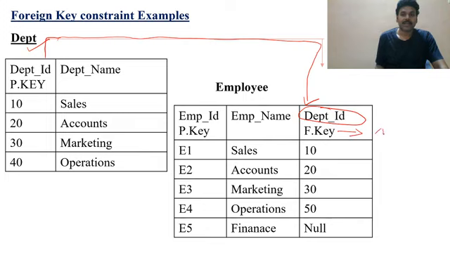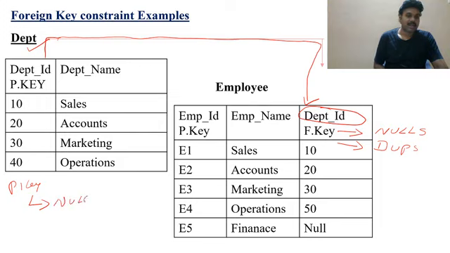As I said, a foreign key can repeat: nulls are allowed as well as duplicates are allowed. But as far as primary key is concerned, it's quite the opposite: nulls are disallowed, as well as duplicates are disallowed.